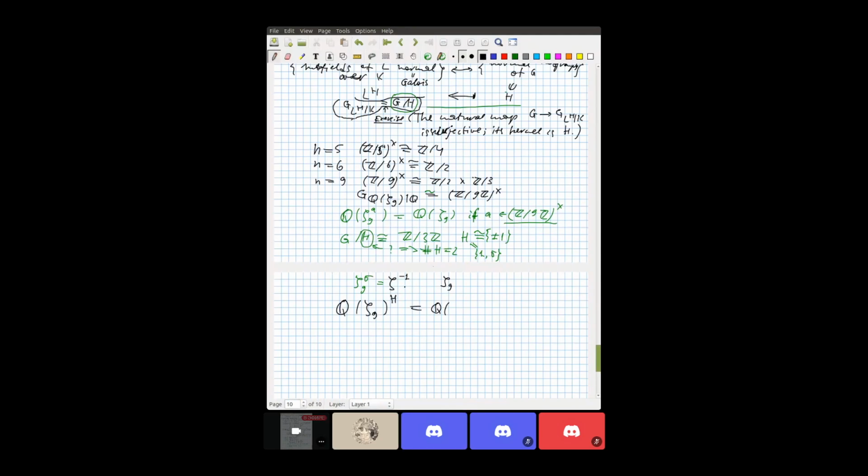So there are no elements fixed by it, excluding unity.